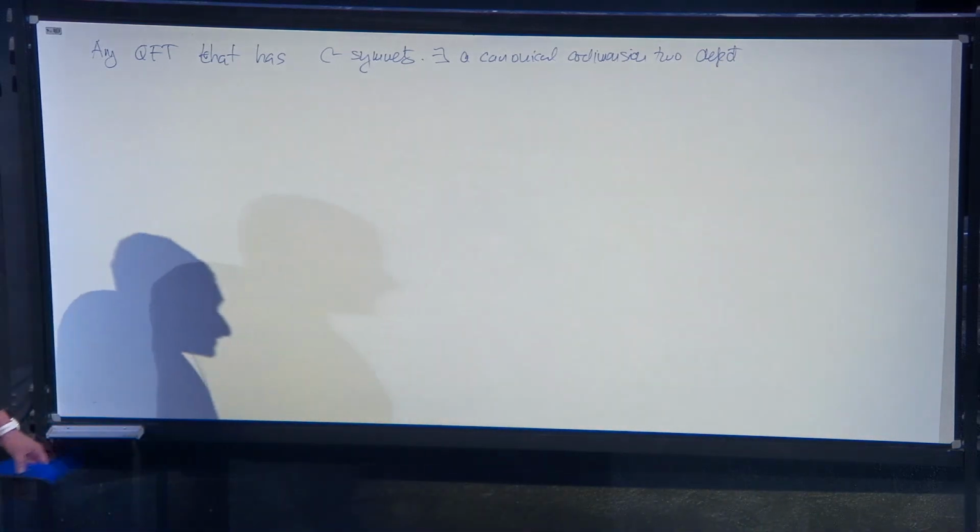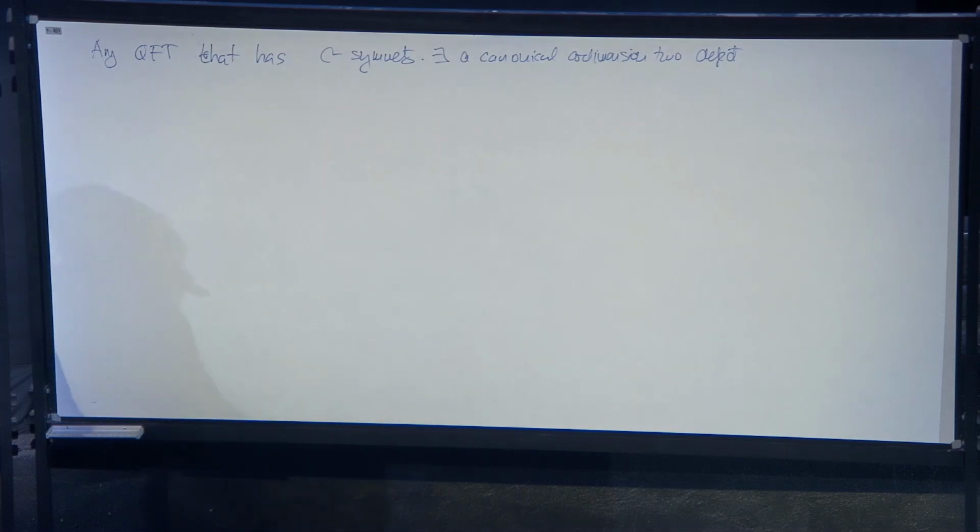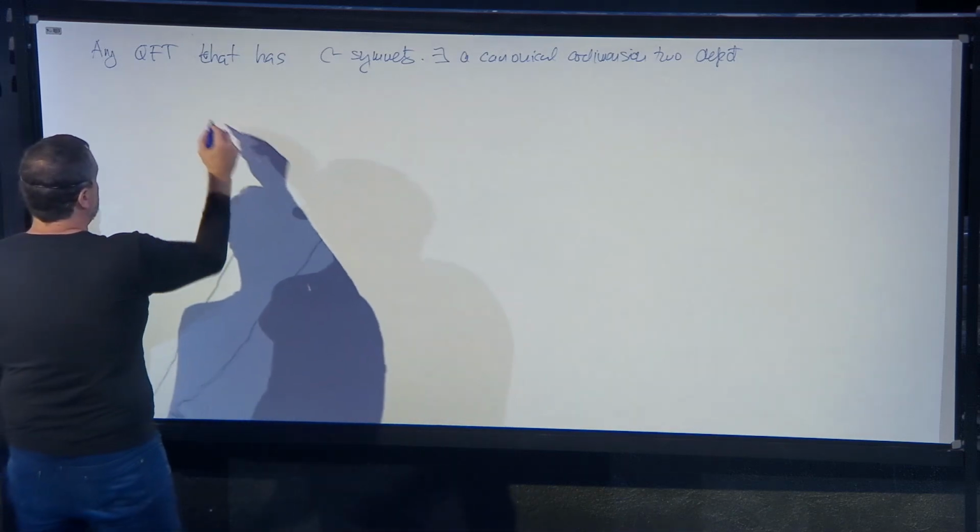Codimension 2 means that it has a transverse space, so the defect will be a point. This is the transverse space.